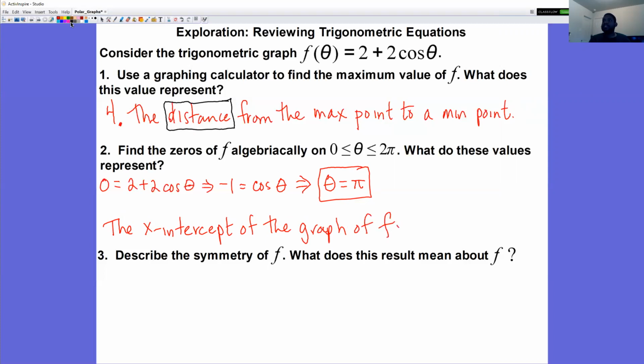I'm going to box in x-intercept. Again, that has some important significance within this lesson as well. And it says, describe the symmetry of f, and we need to talk about what this result means about f.